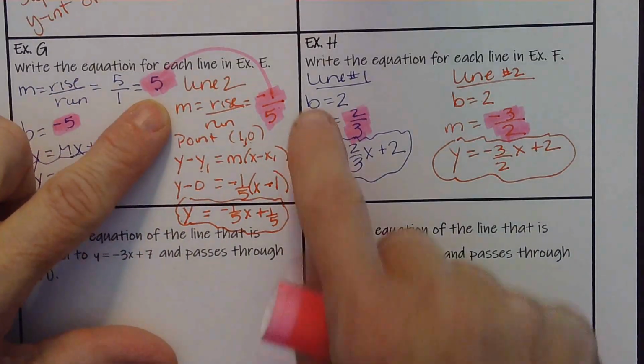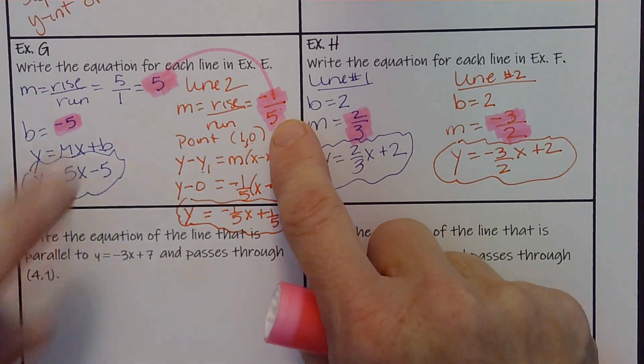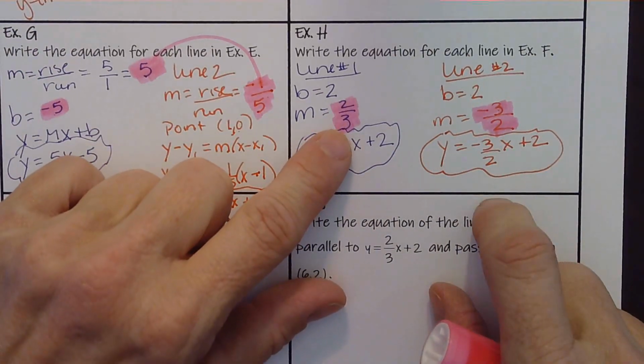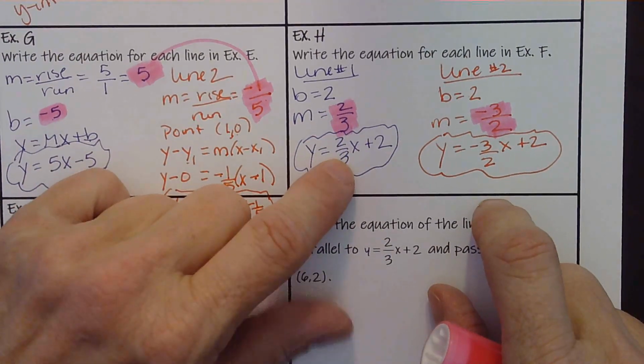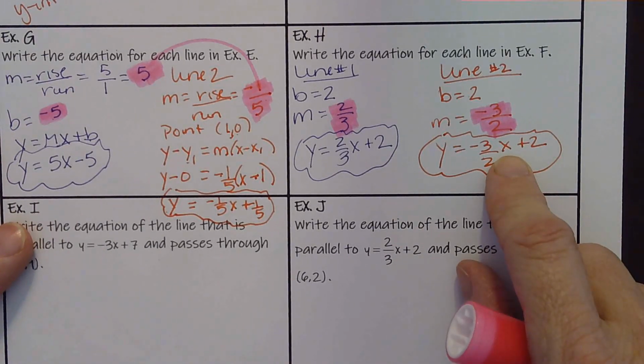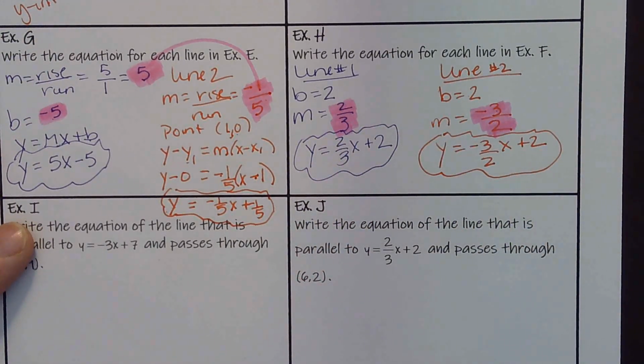Notice that 1 and 1/5 are reciprocals. Notice that they have opposite signs. Notice that the slope of this line is 2/3 and the slope of this line is 3/2. They are reciprocals and they have opposite signs.